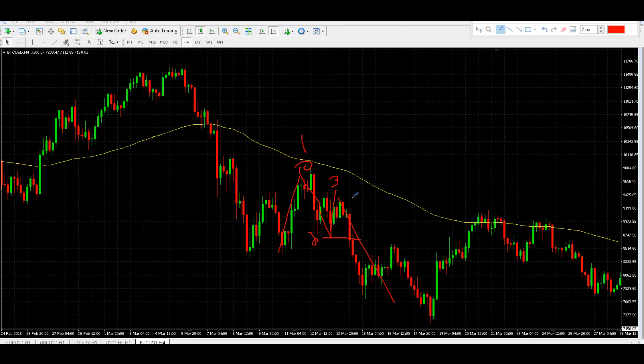So let's go to another example. Actually, right here, this is a smaller one. You have a 1 right here, a 2 right here, and a 3 right here. See, the market tried to go up, create a new high, but it couldn't. And then as soon as it broke number 2, this is where you enter in. If you notice, we have a bigger one right here. The market was going up, went down, went up, and went back down.